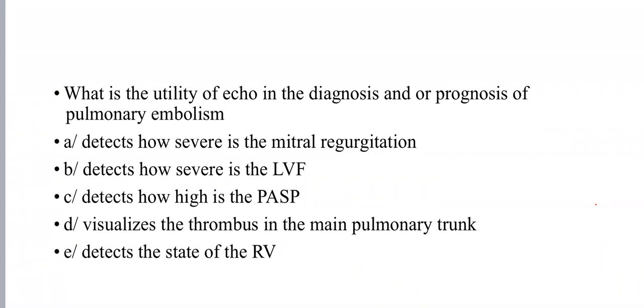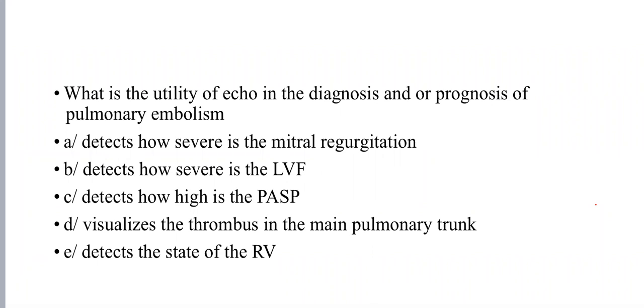Exactly. The state of the RV is much more important than the pulmonary artery systolic pressure. I have to tell him whether or not there is RV strain. RV strain is defined by dilatation and function. So the RV is dilated and hypokinetic, that's strain.